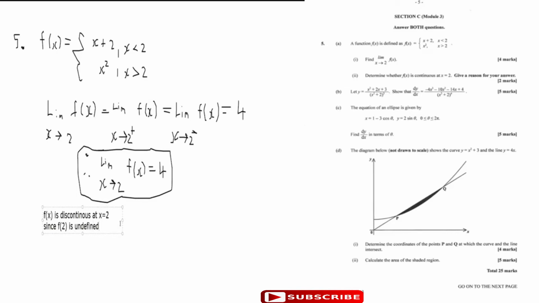All right, since f of 2 is undefined, the function is discontinuous, so it's not continuous. Nice. So that finishes part A. Let's have a look at part B now.